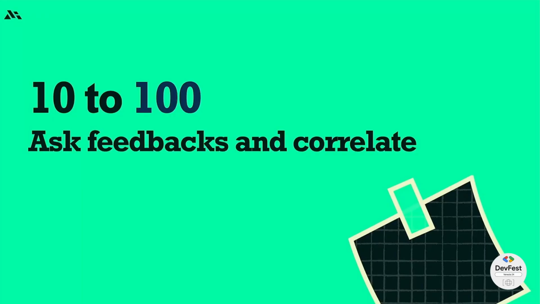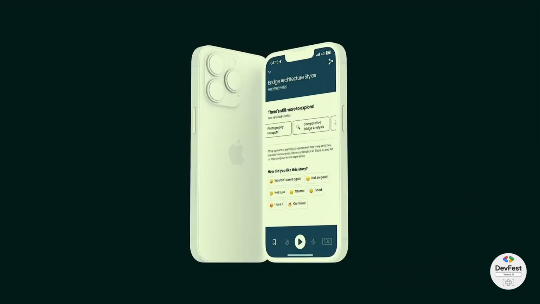So what we ended up doing is nothing modern or revolutionary. We implemented a widget in the app. By means of just a simple emoji, travelers and users could tell us, I hate this story, I love this story, this story sucks, and so on.